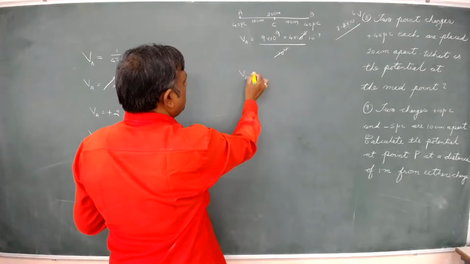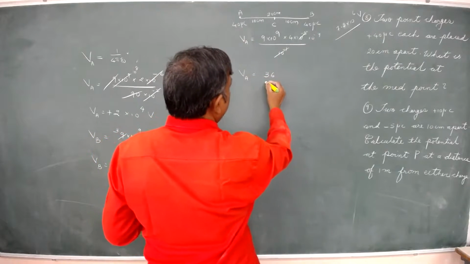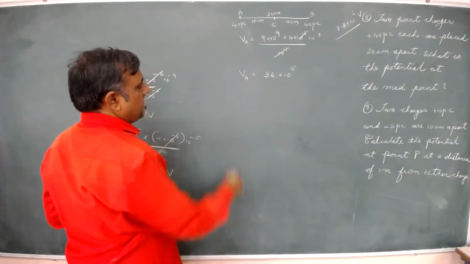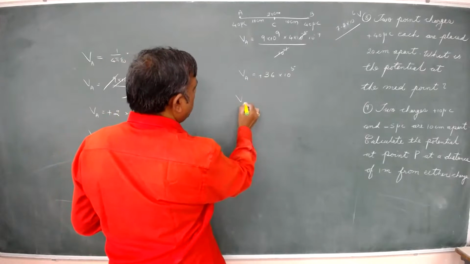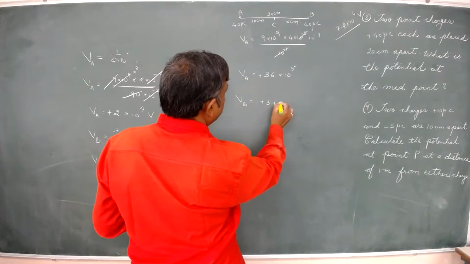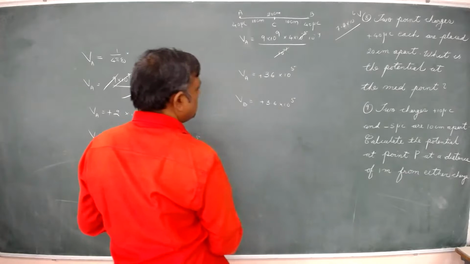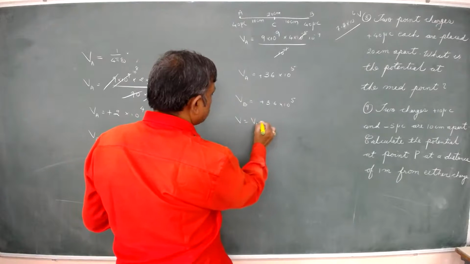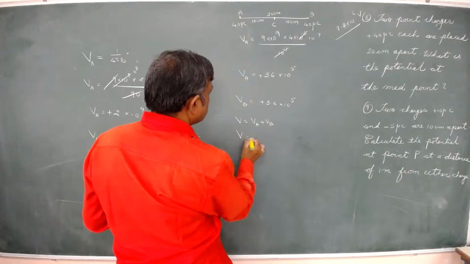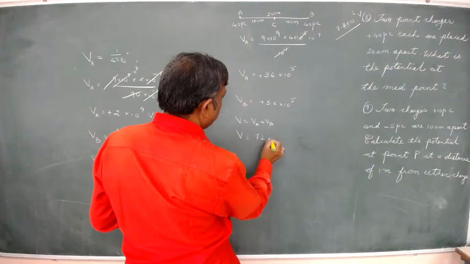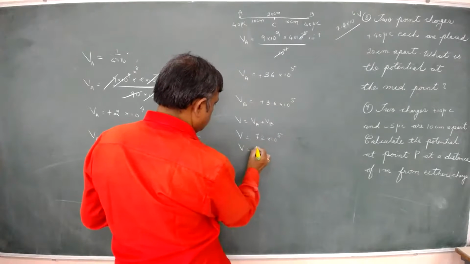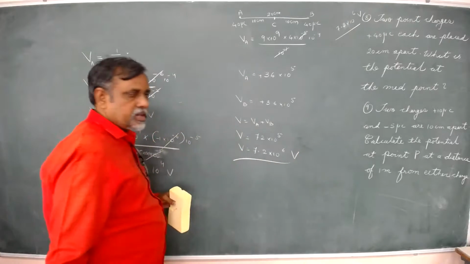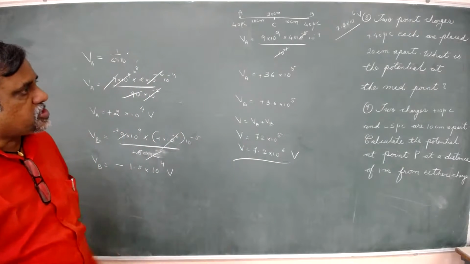So VA in this particular case is 36 into 10 power 5. This is positive, so potential due to B will also have the same value, 36 into 10 power 5. So the total potential is VA plus VB, equal to 72 into 10 power 5, or 7.2 into 10 power 6. Yes, you are right.